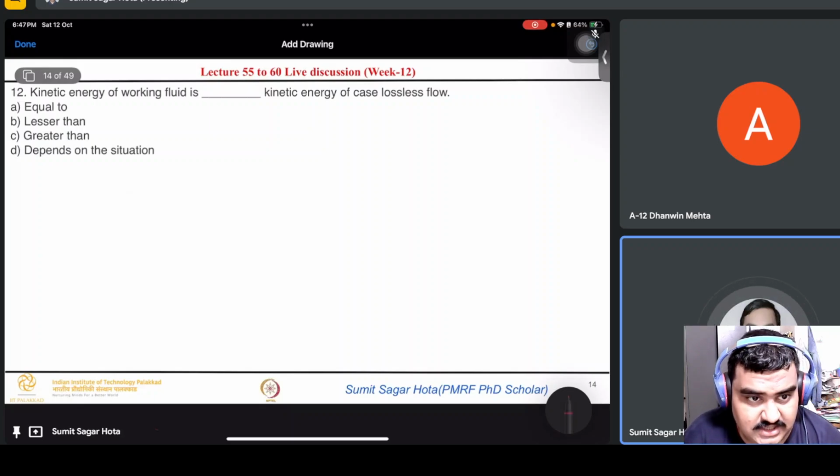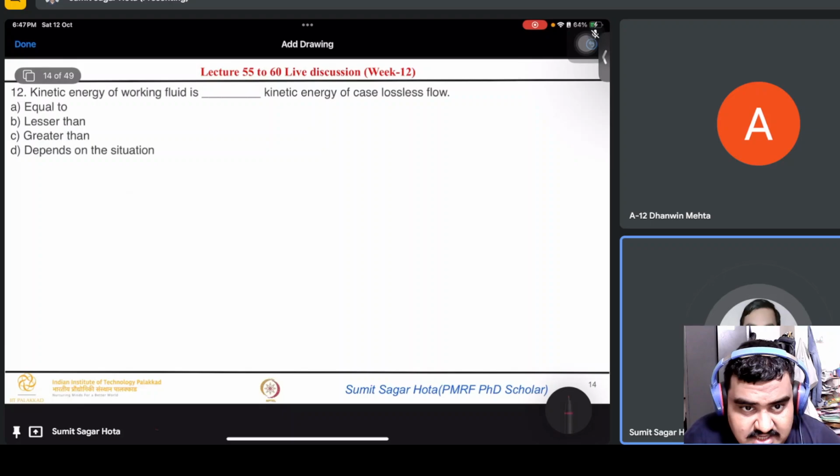So then kinetic energy of working fluid is dash kinetic energy of the lossless flow. Okay, so whatever the kinetic energy of working fluid is, it is always greater than the kinetic energy of the lossless flow.